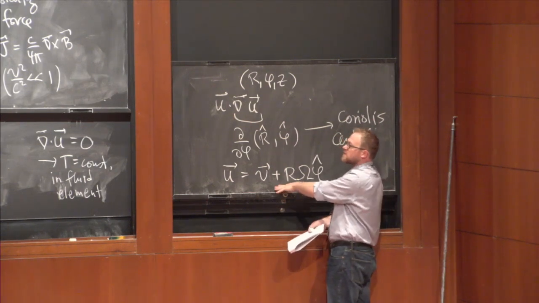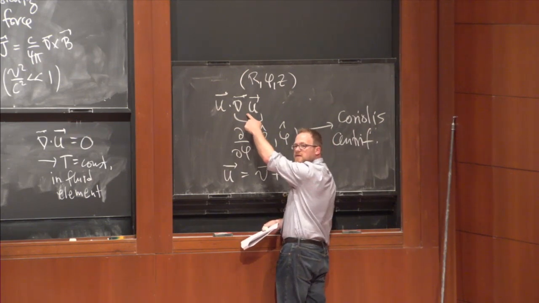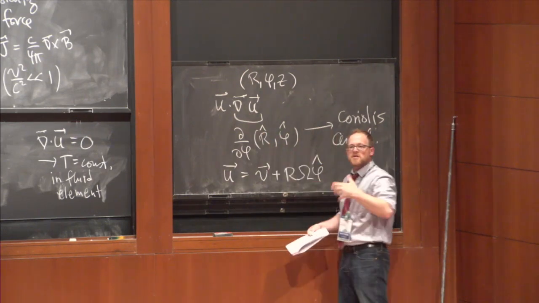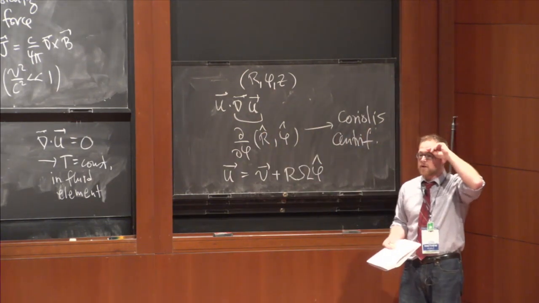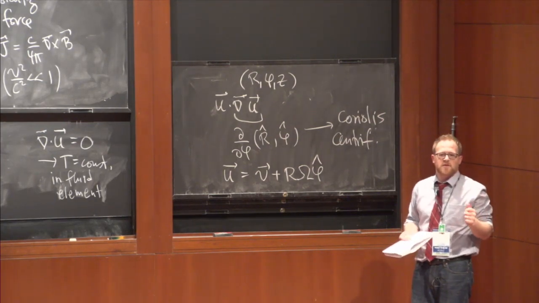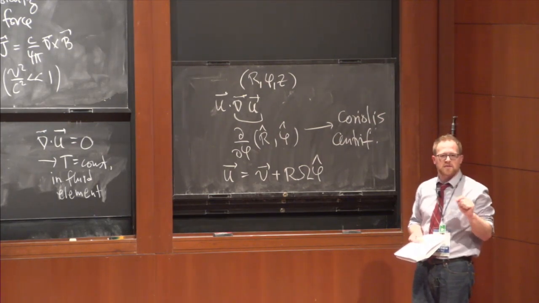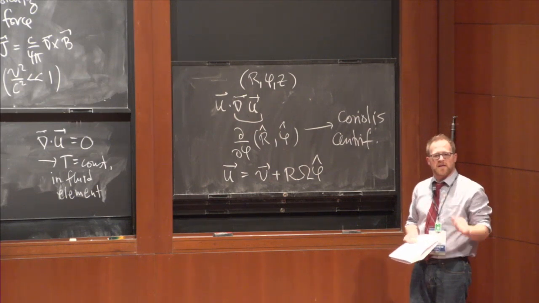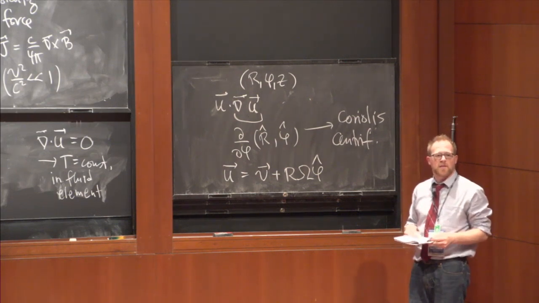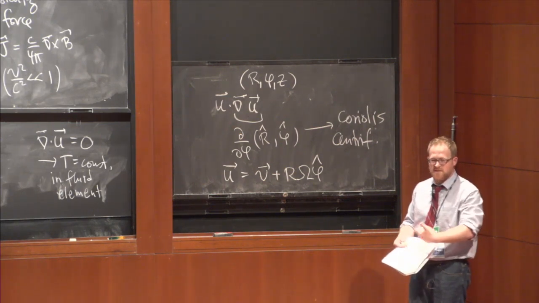And if you sub this into this convective derivative, you'll get a whole bunch of extra terms, and they're all quite important. And I think it's a calculation that you should do if you haven't already done, is to go through being in a rotating frame and making sure that you can derive the appropriate momentum equation. So it's sketched in the notes.